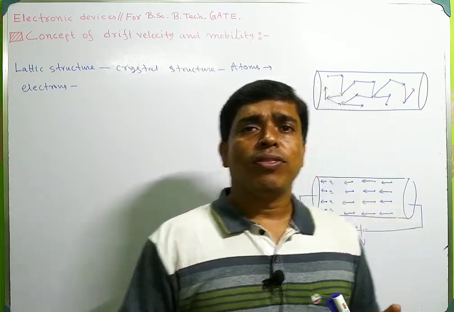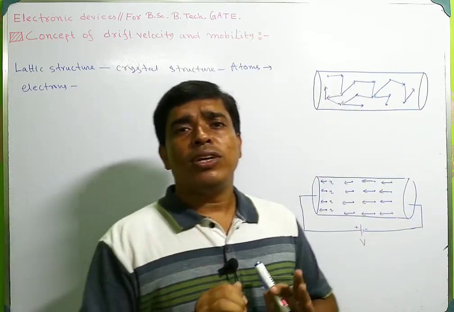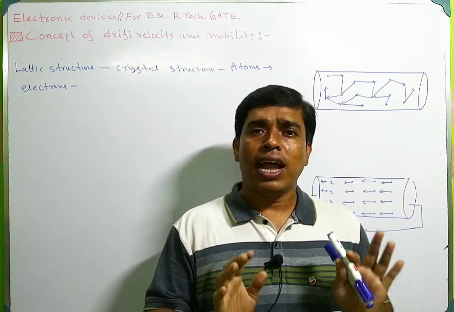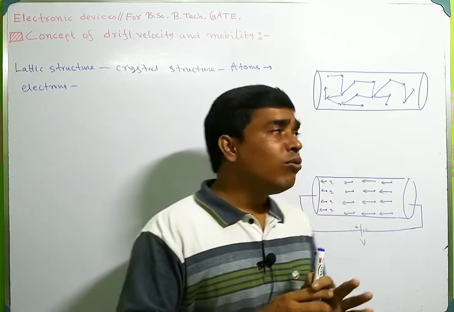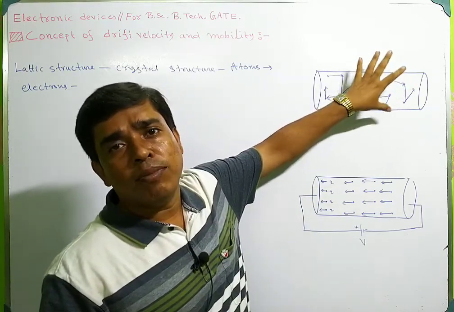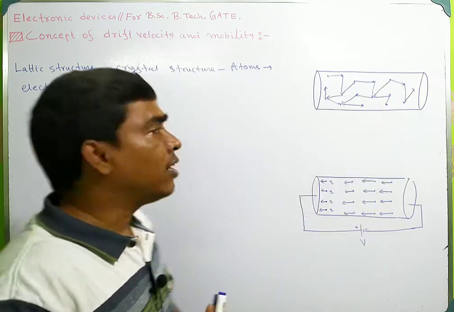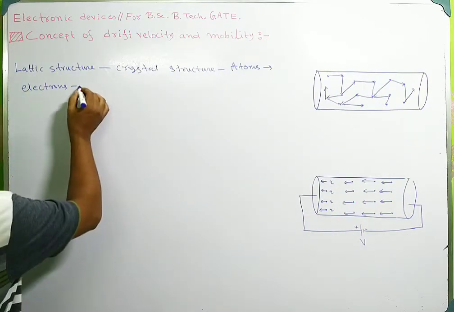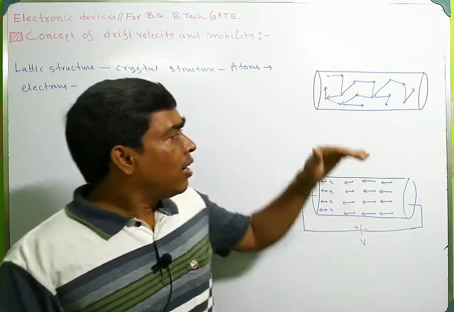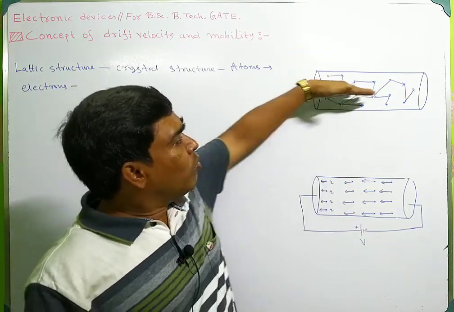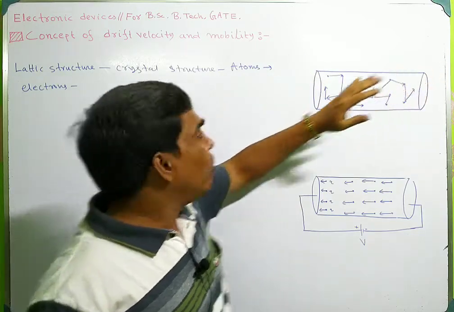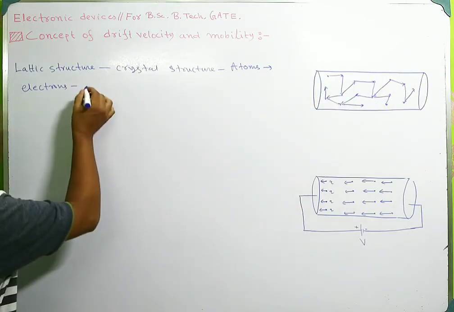That's why these outermost electrons may get free from the nucleus and they can move through the crystal of this matter, that means conductor or semiconductor. The electrons which are going through the crystal structure are called free electrons.